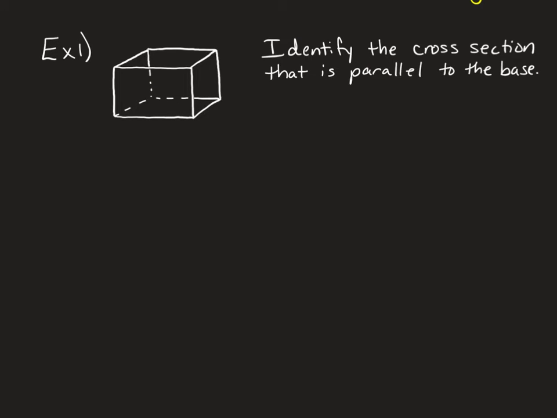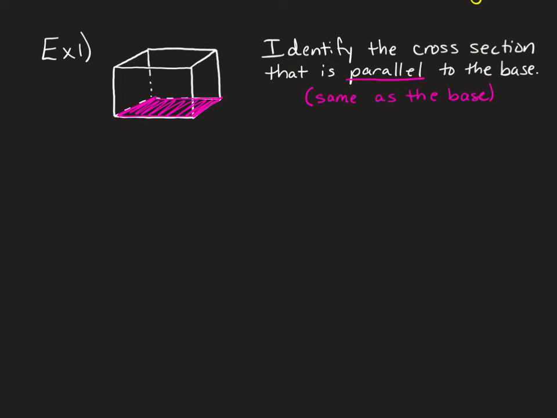We're going to identify the cross section that is parallel to the base. When you see parallel to the base, that tells you that it is the same as the base. So you've learned a little bit about the base of a three-dimensional figure. This is a rectangular prism, so the base will be a rectangle. So I could take the base of this and say this is the base.